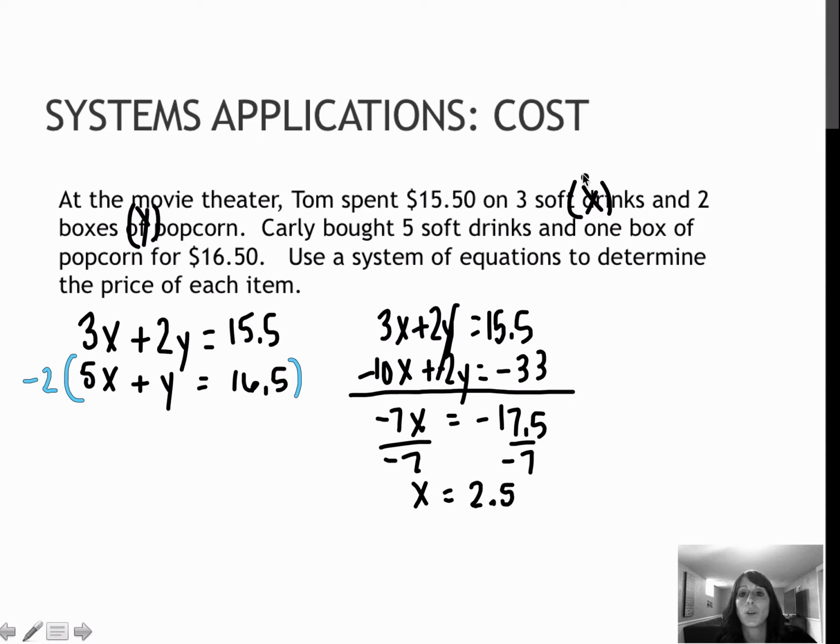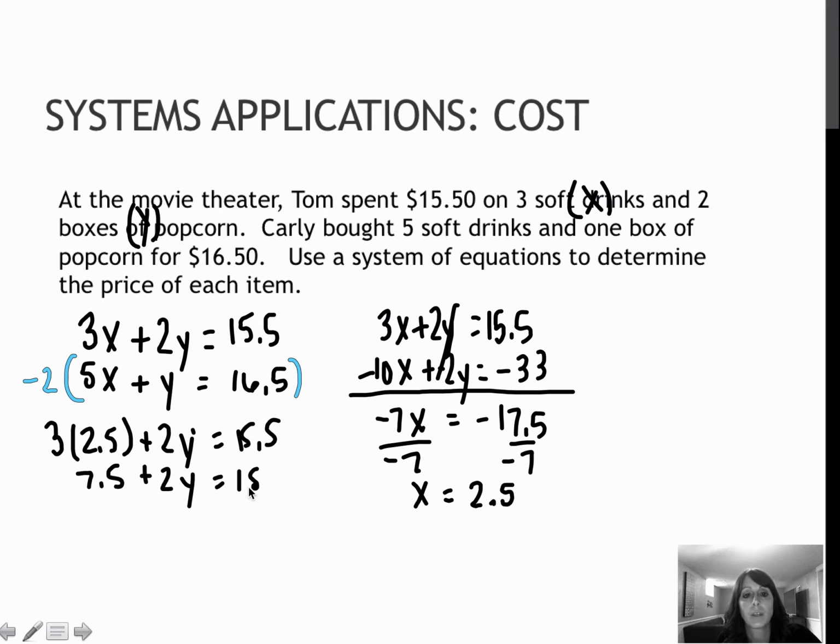Which means, of course, that the cost of a soft drink is $2.50. Then I would take that 2.5 and plug it back in for x to solve to find y. That gives me that 2y equals 8.